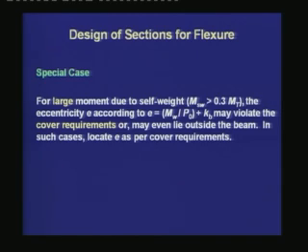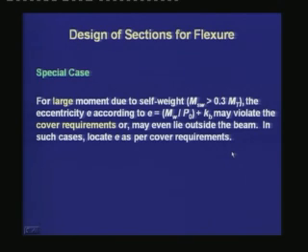For large moment due to self weight, that means if the self weight itself is greater than 30% of the total moment, then the eccentricity E, which has been calculated from the expression Msw by P0 plus Kb, this may violate the cover requirements or may even lie outside the beam. In such cases, locate E as per the cover requirements.